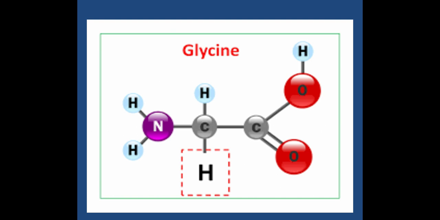But the structure of glycine is symmetric, as in glycine the side chain consists of a hydrogen atom. Thus, glycine is a symmetric amino acid.